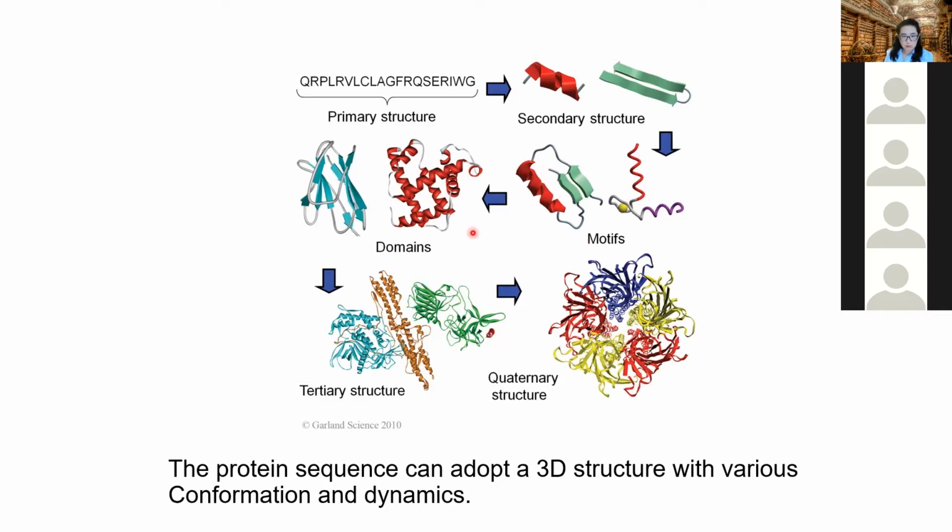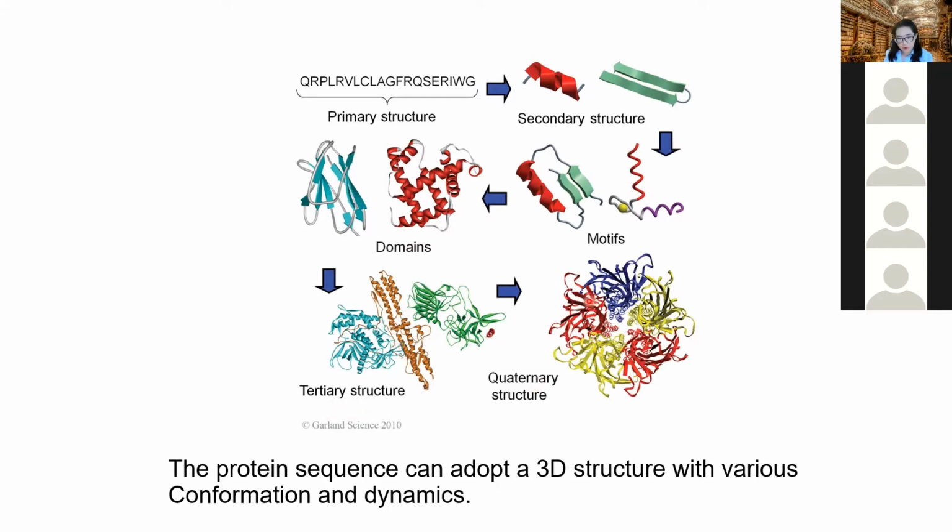If the motif comes into a recognizable fold that we can relate to daily life, like basket, barrel, prism, solenoids, or clams or sandwich, they will be called the domain. And if it has the ability to perform its function, in the mixture of domains, or sometimes the domain itself has functions, it will be called tertiary structure.